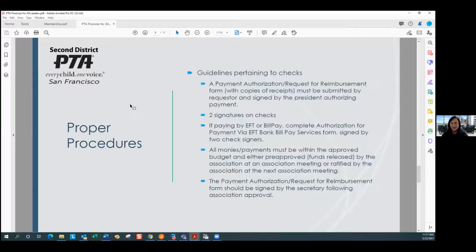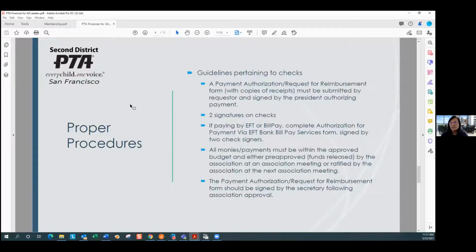So that replaces your 2 signatures on a check. You just have your 2 signatures on this form. And then once you receive this form, the treasurer can go ahead and initiate the payment through your online process. Okay.